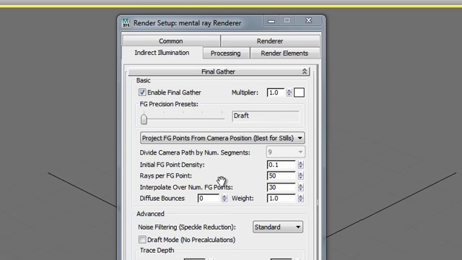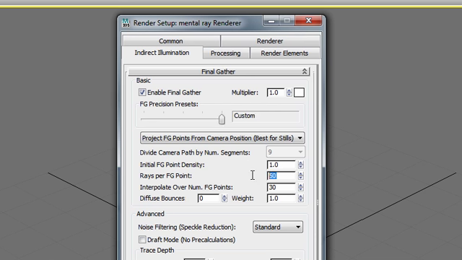So looking at these numbers in the indirect illumination tab of the rendering panel in 3ds Max Design, the density of the Final Gather points will affect the precision of the solution, but also the rendering time. The more dense the initial Final Gather points are, the more points you're sending, the longer the calculation will take.